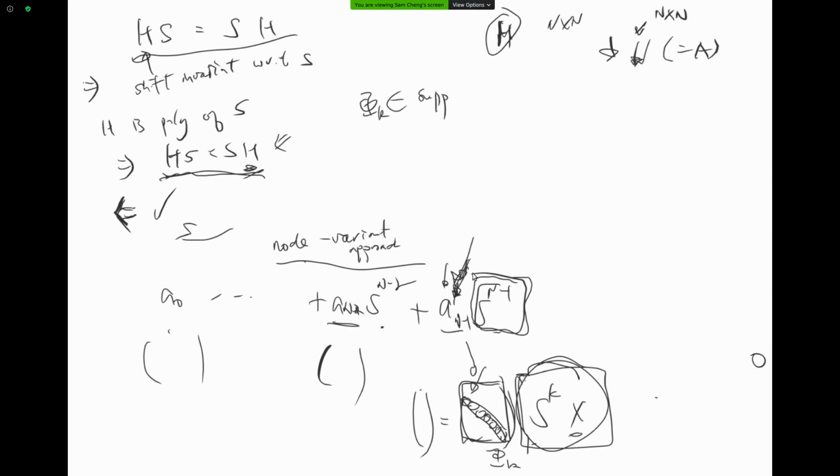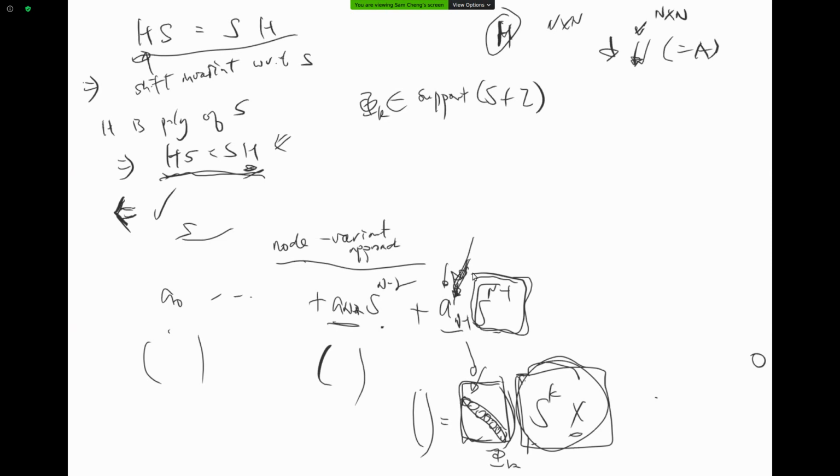Actually, I think I have a different definition there. Yeah, okay, I guess this is understandable. Sorry, it's a little bit different notation as before.